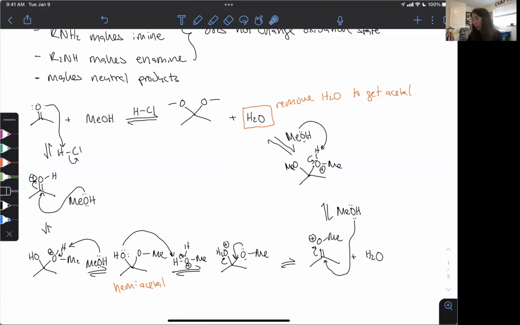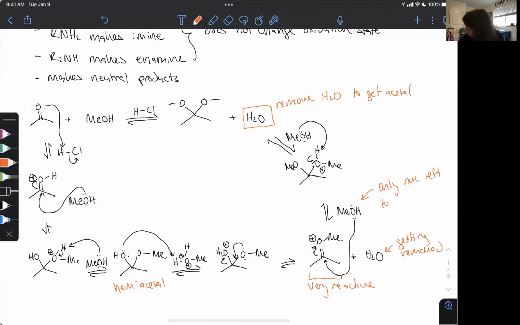So that's the only thing that can help us deal with this positive charge here, because this is a really, really reactive intermediate. And if our water is getting removed, the methanol is the only nucleophile left to deal with that positively charged carbonyl, okay?